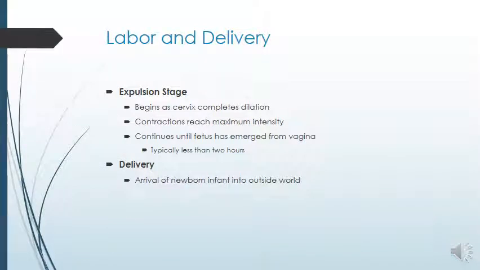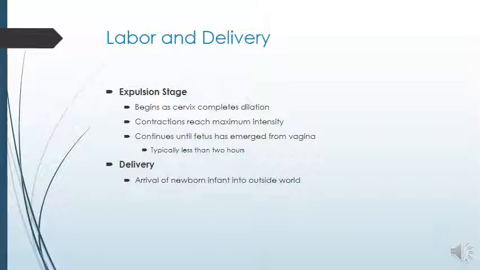Stage 2 is the expulsion stage. It begins as the cervix is pushed open by the approaching fetus, and it completes its dilation to about 10 centimeters or 4 inches. In this stage, contractions reach maximum intensity. They're going to be occurring at this time at about 2 or 3 minute intervals, and they last a full minute.